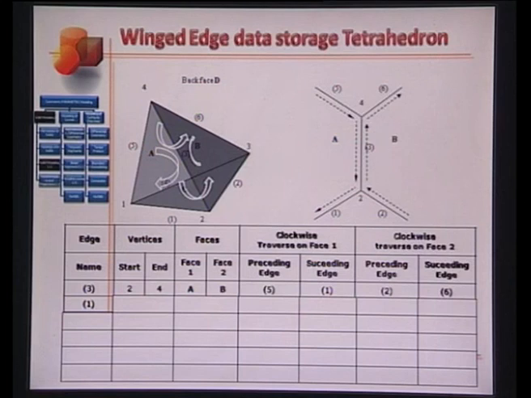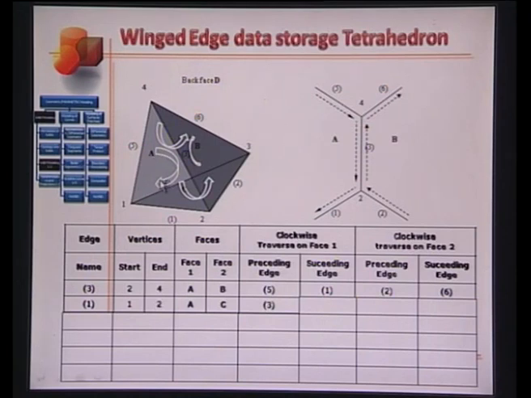Let us try now for edge 1. The start and end vertices will be 1 and 2. Once again, two faces are going to be incident on this edge, face A and face C. Face C is the bottom face for this tetrahedron. On face A, the edge that precedes edge 1 is 3. Note this clockwise orientation.